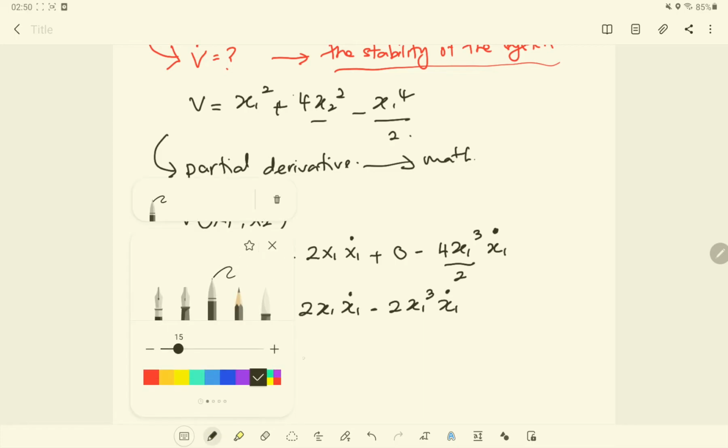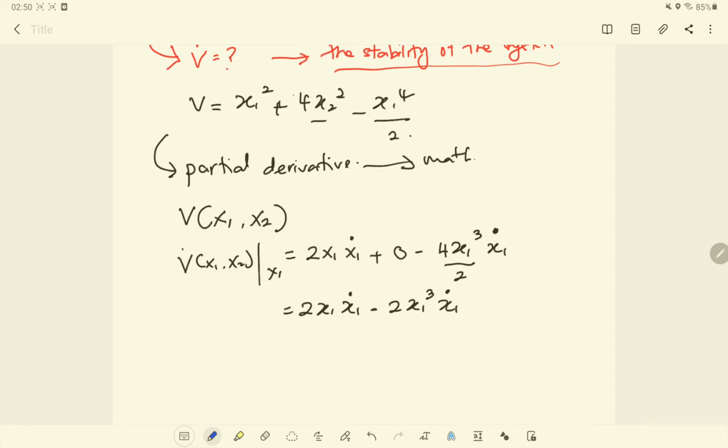The second one is the derivative of V on x2.